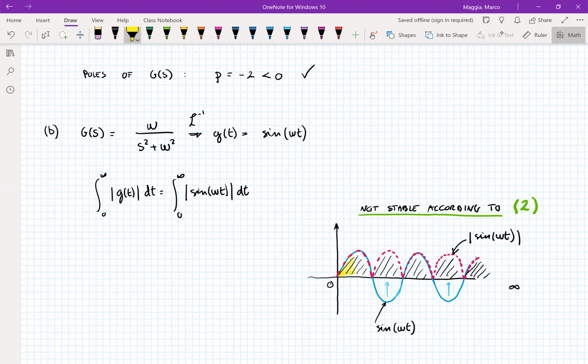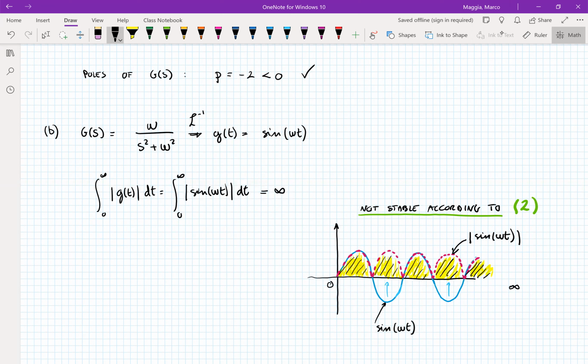So we have this area plus this area plus this area, and so on and so forth until infinity. And you see that here we're adding the same number, because it's always the same area, for an infinite amount of time. So this area, this integral, is just infinite.